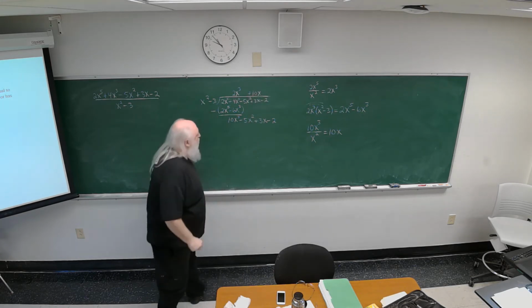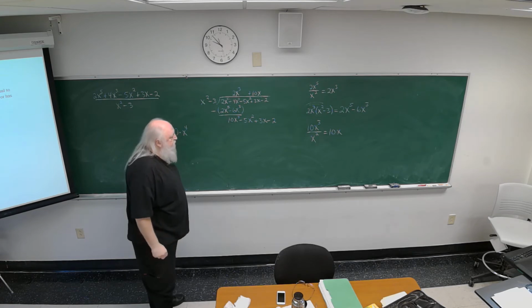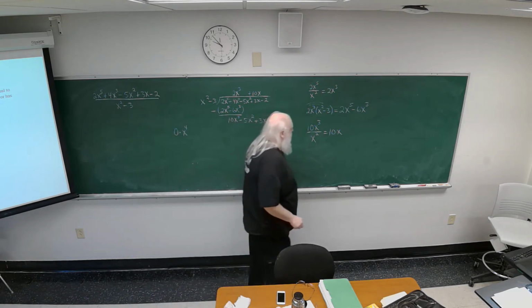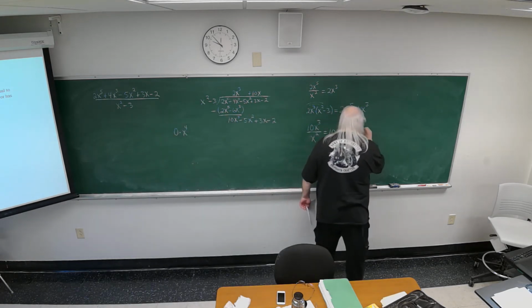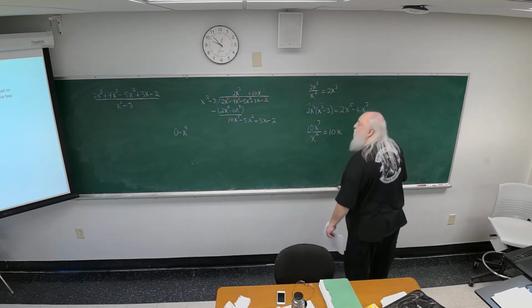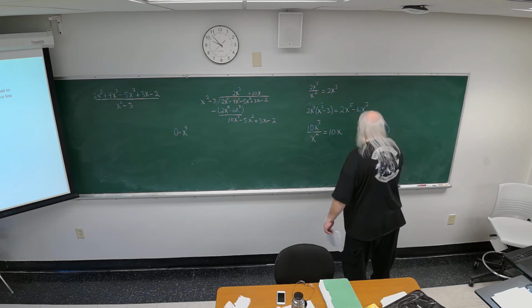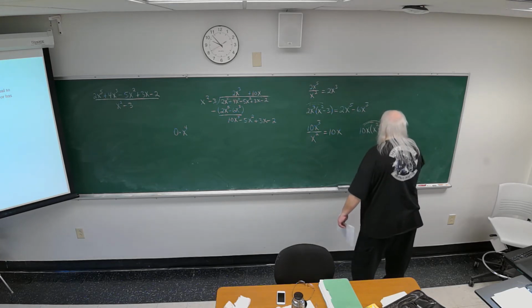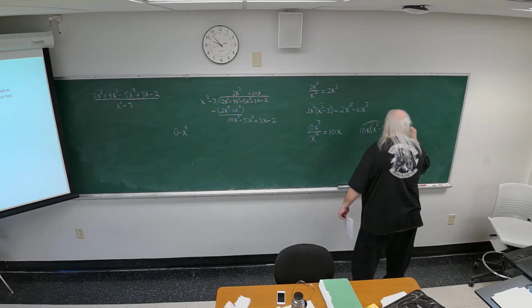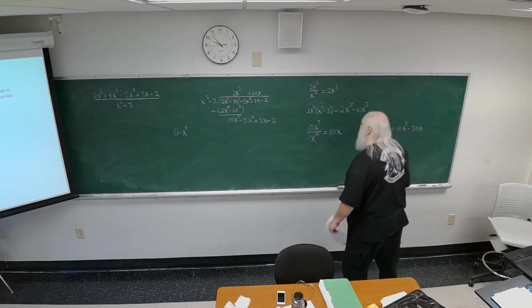So I write it over here above the 3x in the original dividend. And now I multiply 10x by the divisor, x squared minus 3. And when I distribute the 10x, I have 10x cubed minus 30x.